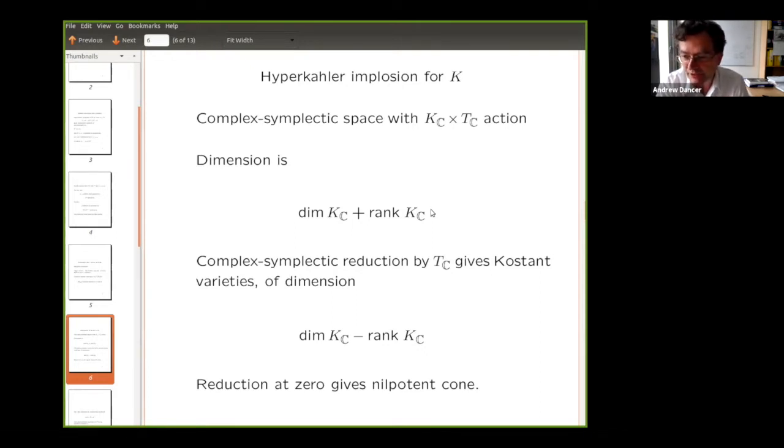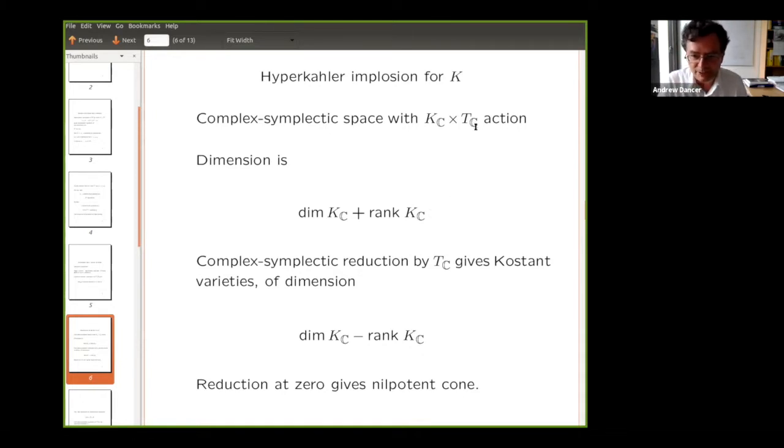So the correct picture is that we get these costant varieties, which in general are unions of complex co-adjoint orbits. In fact, they're closures of the regular complex co-adjoint orbits, but then there are typically other lower dimensional complex co-adjoint orbits coming as lower strata in the closure. So this is a nice analog of the Guillemin, Jeffrey and Sjamaar picture of symplectic implosion, but there are certain new features that come in.